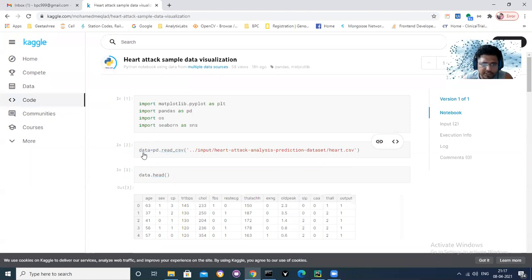This is the basic data structure a data scientist must know. It is like SQL tables, with columns and rows. Each row tells about one record, and each column is an attribute, right?